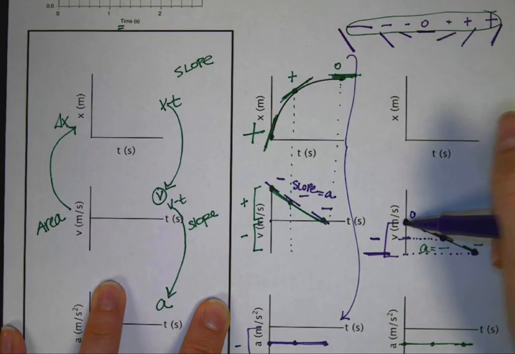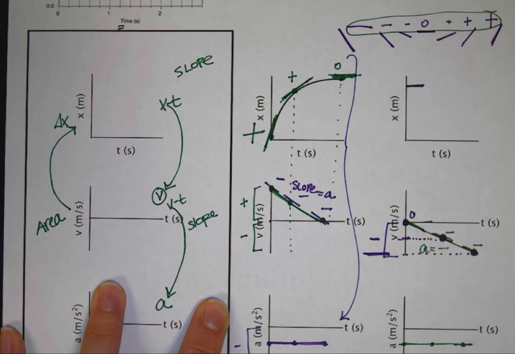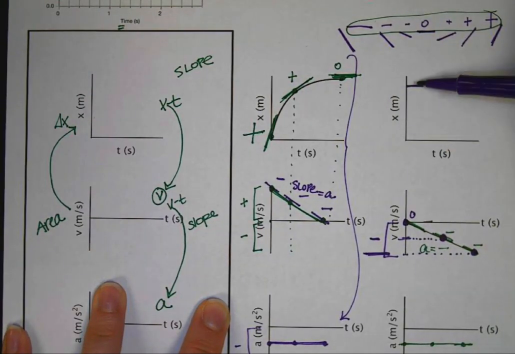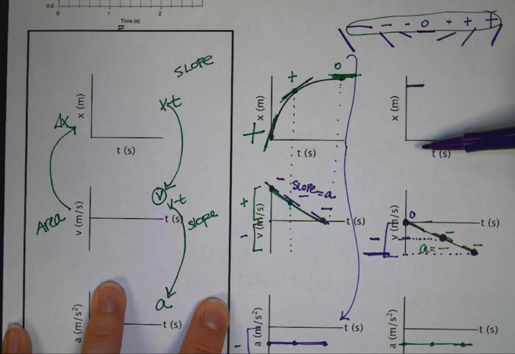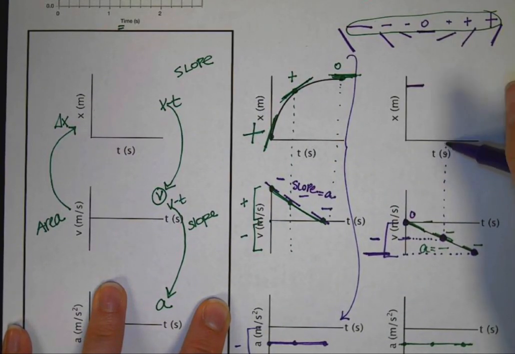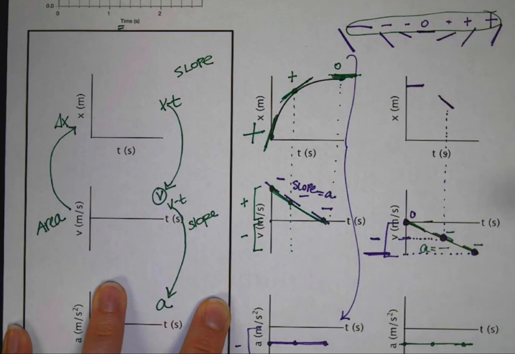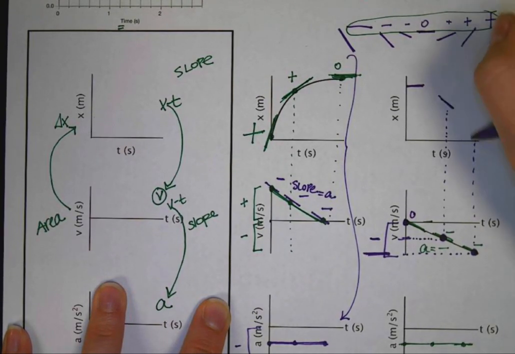So at time equals 0, I need to start off with 0 slope, and because I have done a lot of these, I know I should probably start it above here. If you started it somewhere else, that's okay. At this time, I need to draw a medium negative slope, and at this spot, this time above, I need to draw a steep negative slope.